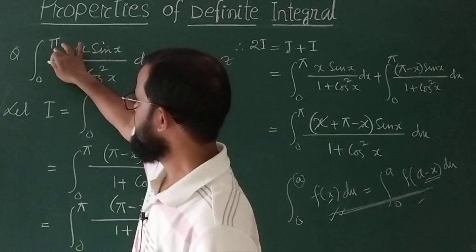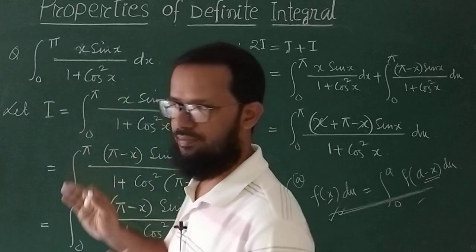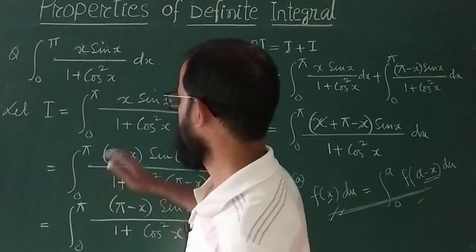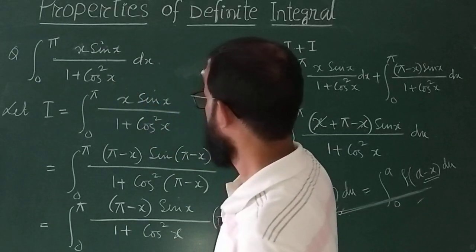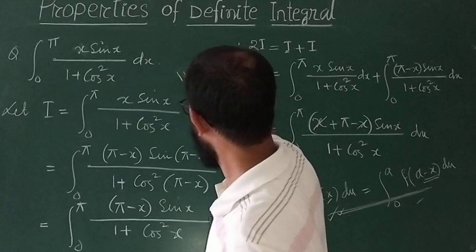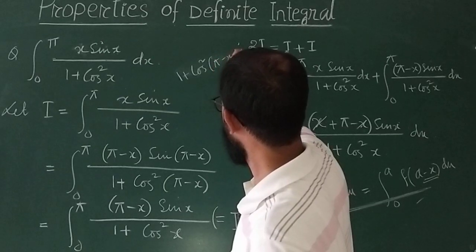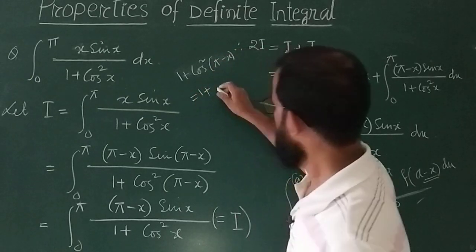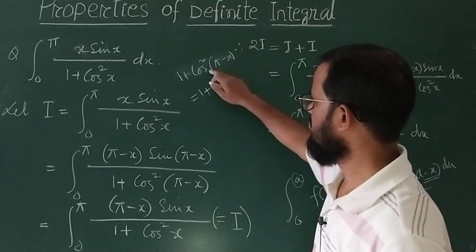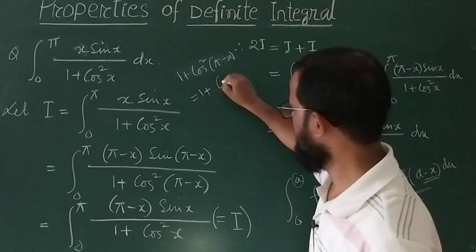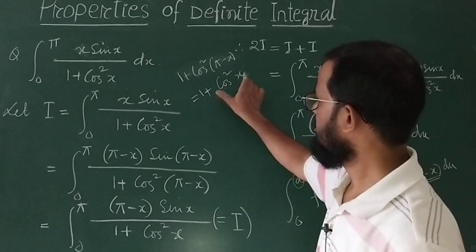Here the upper limit is pi, so wherever x is, including in the denominator, x is replaced by pi minus x. Here you see the denominator is 1 plus cos square x. If we put pi minus x in place of x, then cos of pi minus x is equal to minus cos x, by the quadrant rule, and minus cos x whole square is cos square x. So ultimately, after using the property, there is no change in the denominator.